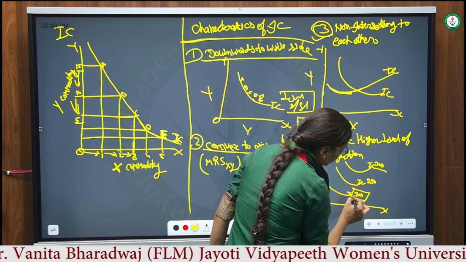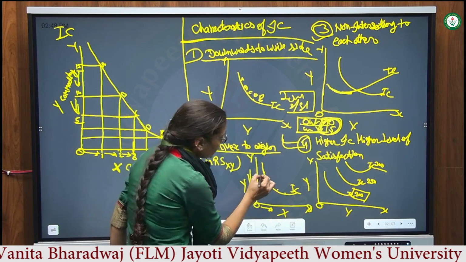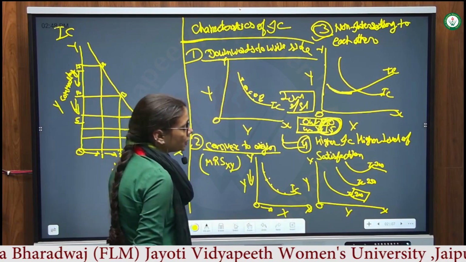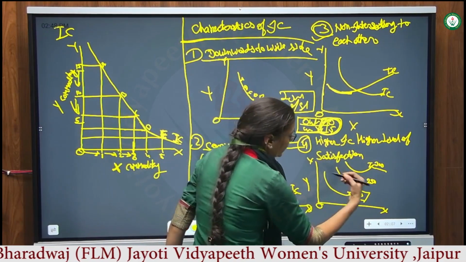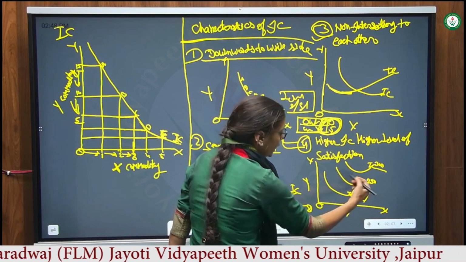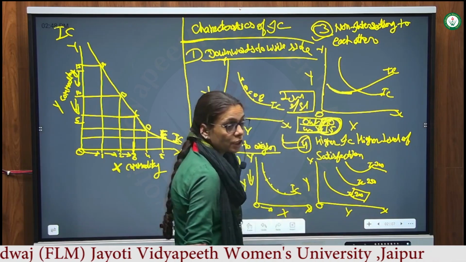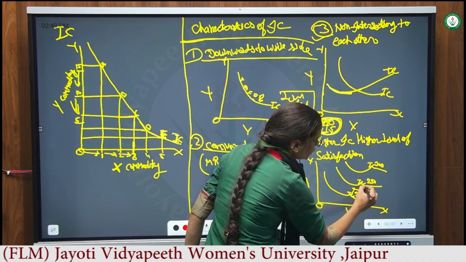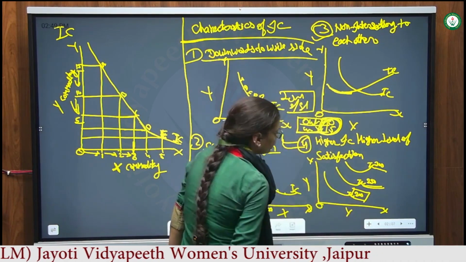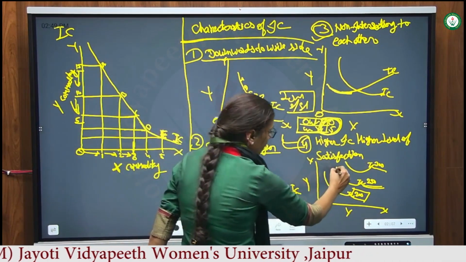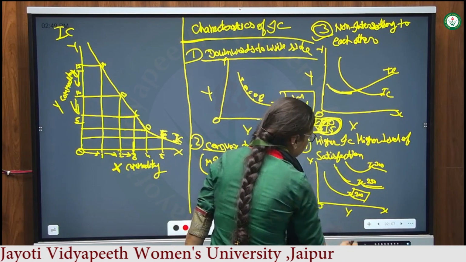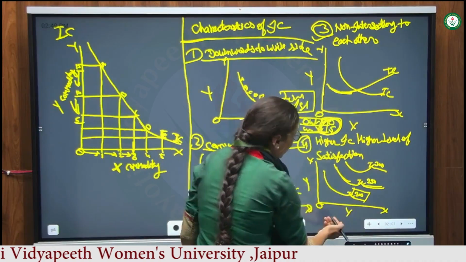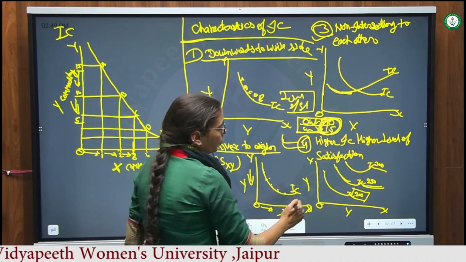A consumer is indifferent on the same curve, among the same combination points, but if he gets a chance to move to a higher indifference curve on the right side, it will give him more satisfaction because he is containing more units and more yield of satisfaction. That's why a higher indifference curve will be on the right side and a lower satisfaction indifference curve will be on the left side.